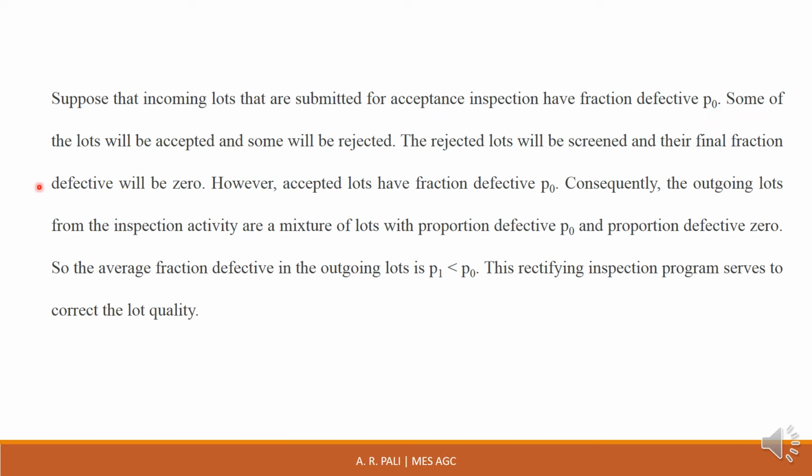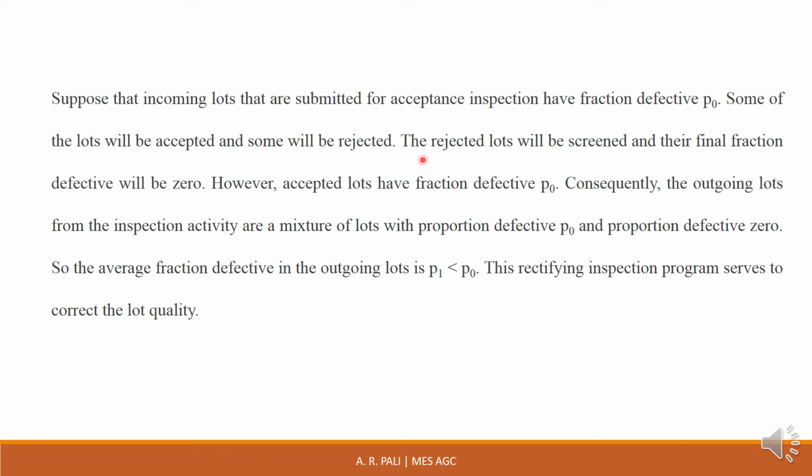Some of the lots will be accepted and some will be rejected. The rejected lots will be screened and 100% inspected, and their final fraction defective will be 0, because we are 100% inspecting, and either we are removing the defective items or replacing them with non-defective items.